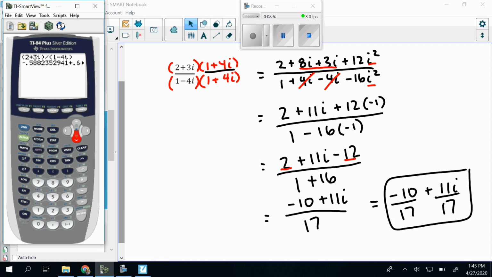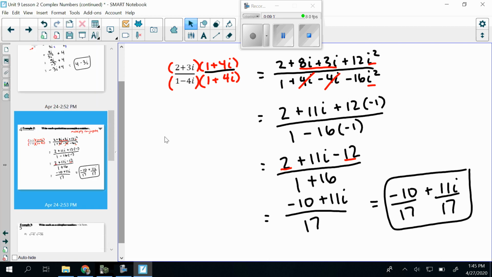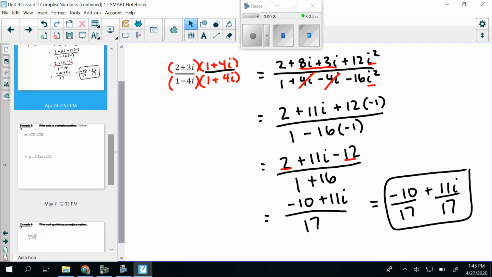If you want that as a fraction, hit math fraction, and this should give it to us as a simplified fraction. Hopefully your calculator gives you the fractional answer that we got. Sometimes the calculator does have a hard time approximating, so it's good to be able to check with the calculator but know what you're doing without it.